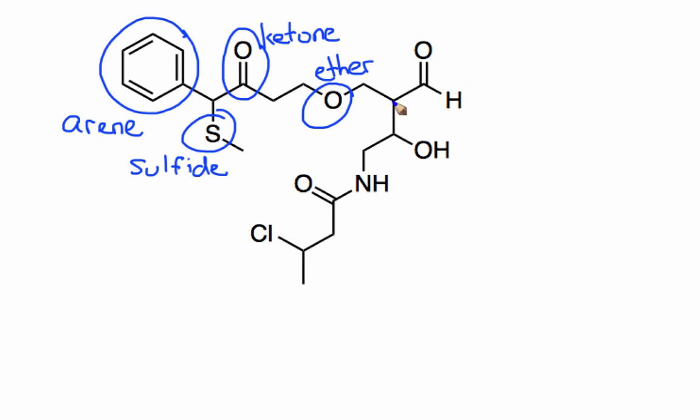Okay, from here we have another C double bond O group. The difference is here this carbon in the middle is bonded to a carbon and a hydrogen. Since one of these bonds is to a hydrogen, we call this an aldehyde.